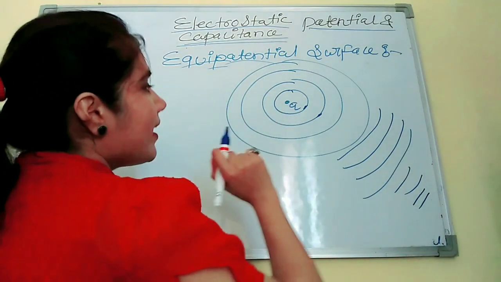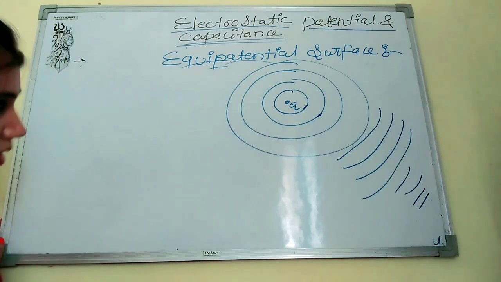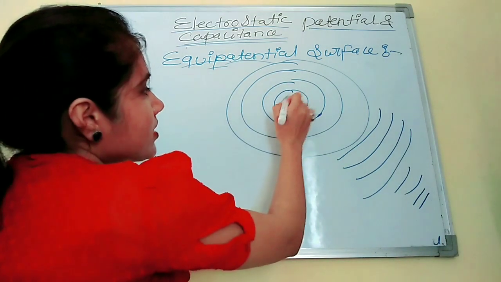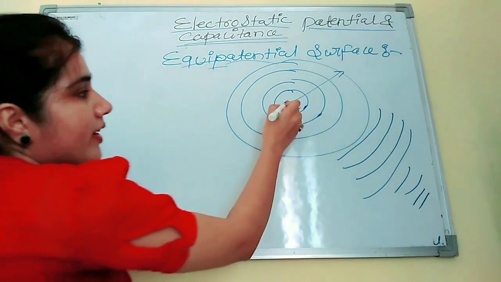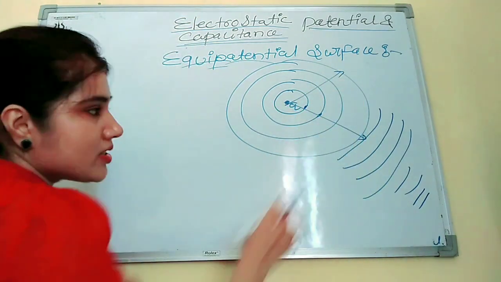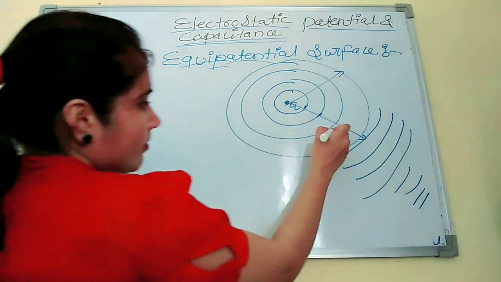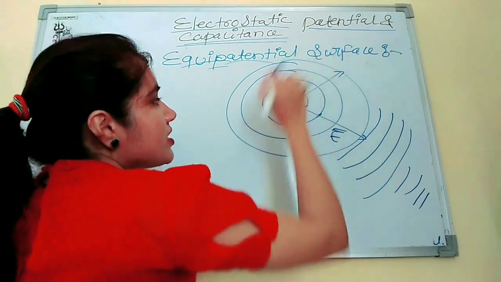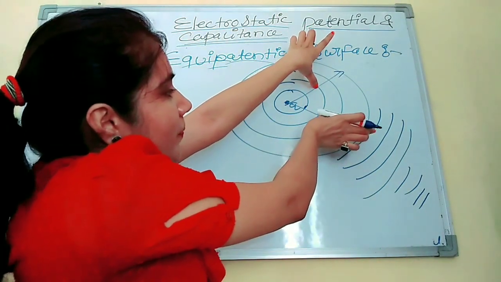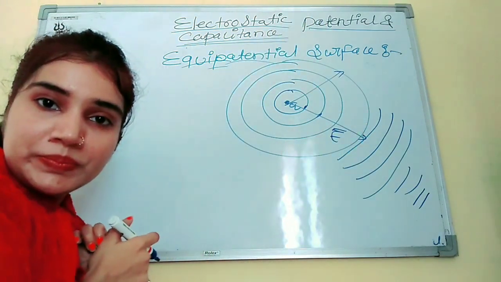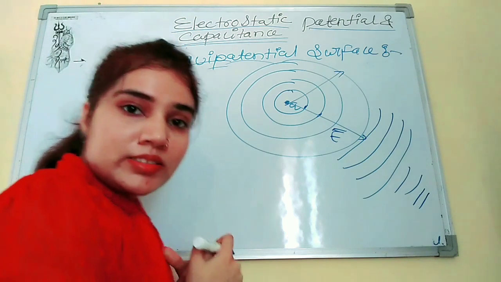Now we will see the characteristics of these equipotential surfaces. This is an equipotential surface, and we know the electric field will appear like this. This is the electric field direction, radiating outward, and this is the equipotential surface. Here you can see these two lines are perpendicular to each other, right? Which means it is making a 90-degree angle.